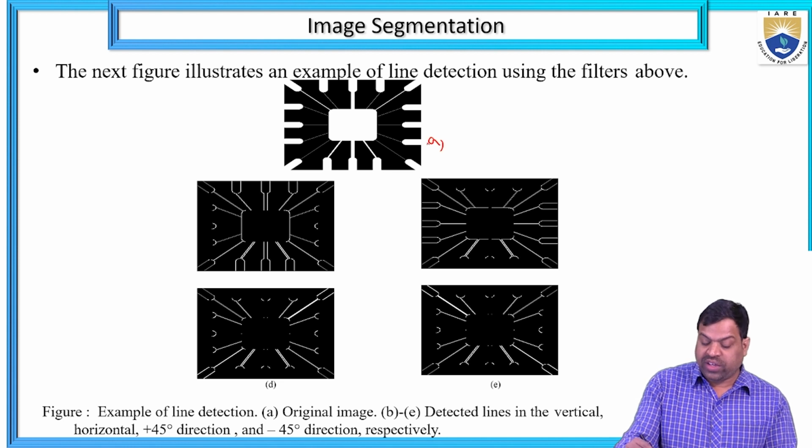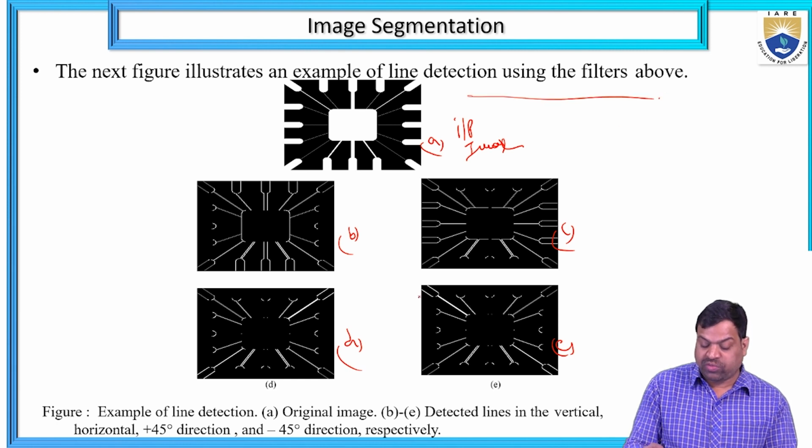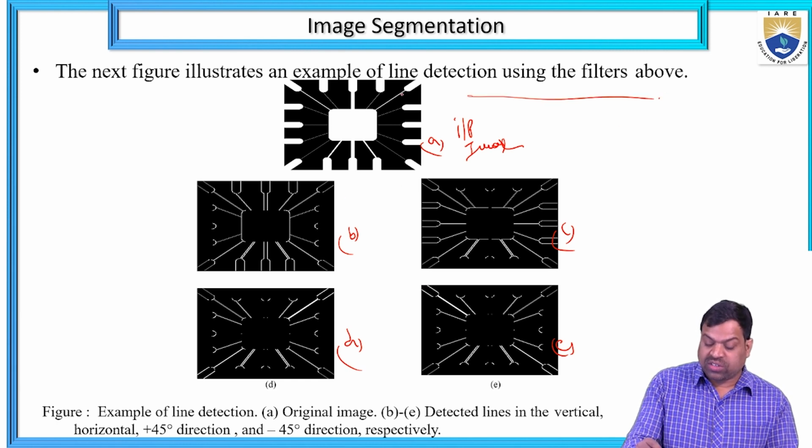In figures A, B, C, D and E, the first image is the input image. Then the other images illustrate the detection using the filters. So what lines are there?